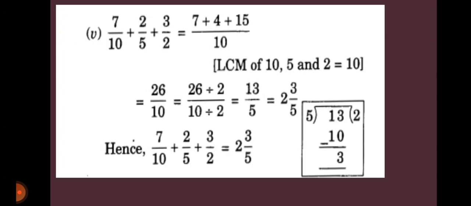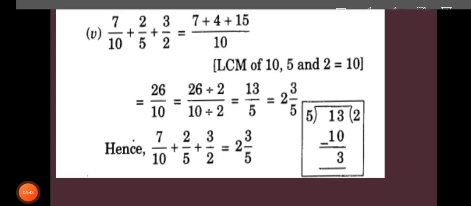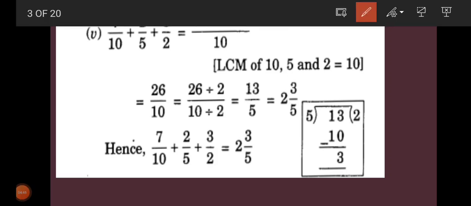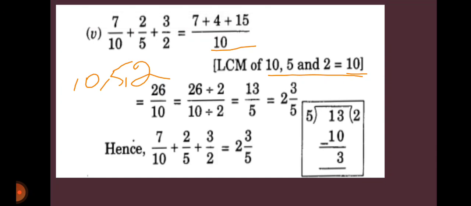First we take the LCM of the 3 numbers, and the LCM here is 10, from 10, 5 and 2. After finding the LCM, we convert into like fractions, and then we add and get the answer easily.